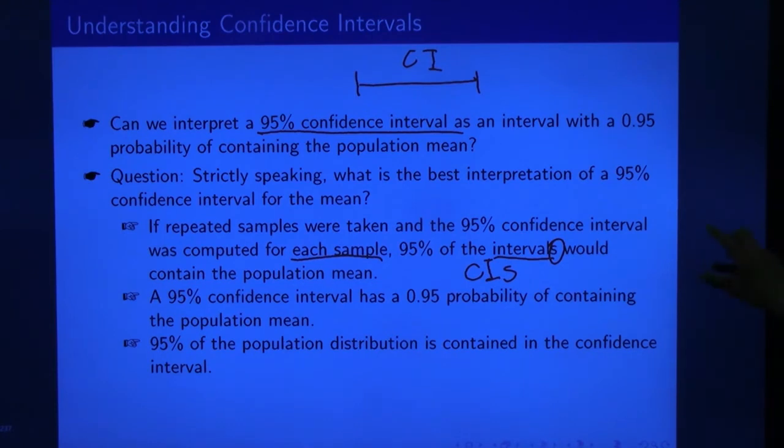Is this good? Okay, so this statement we mentioned a lot of times. Yes, that is correct.